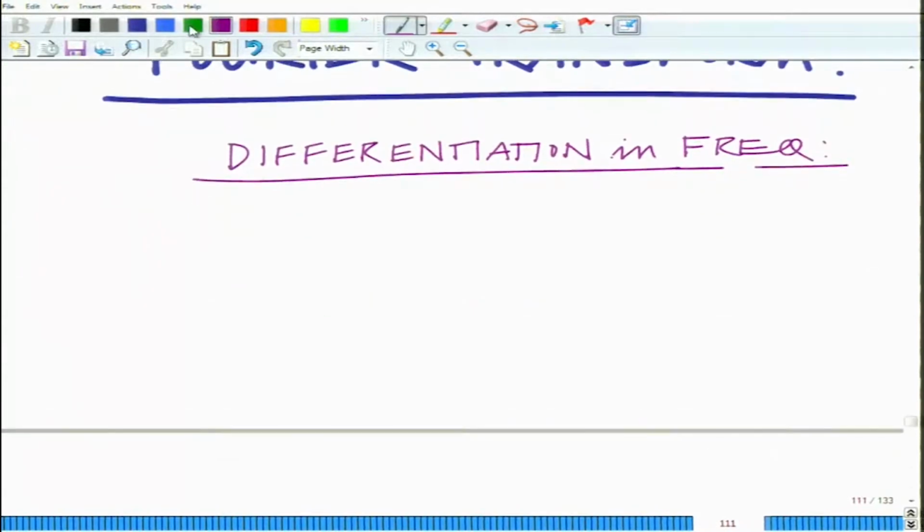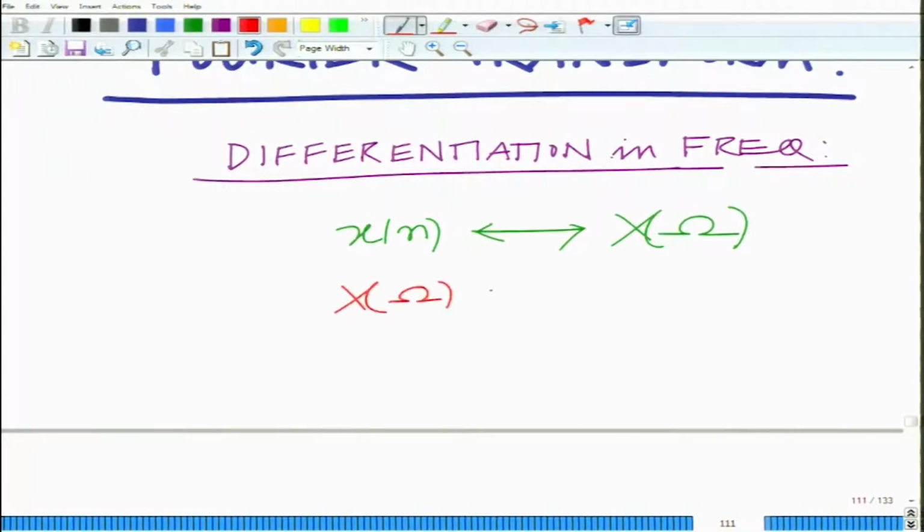So, we have x of n, let us say, with the DTFT capital X of omega, which means basically X of omega equals summation n equals minus infinity to infinity x n e raised to minus j omega n.